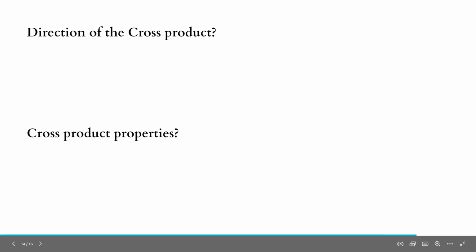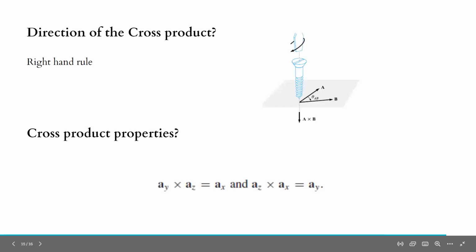So how can we find the direction of the cross product? That is a good question, because the cross product of two vectors gives both a magnitude and a direction.